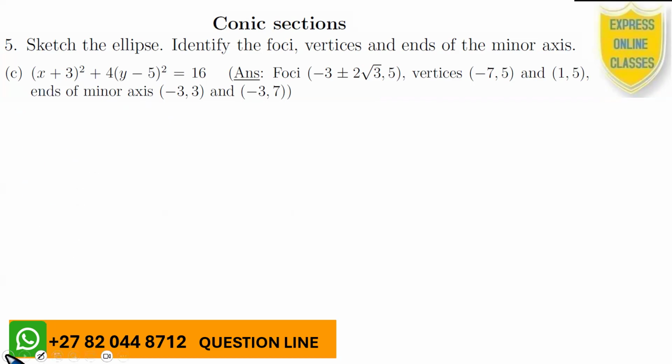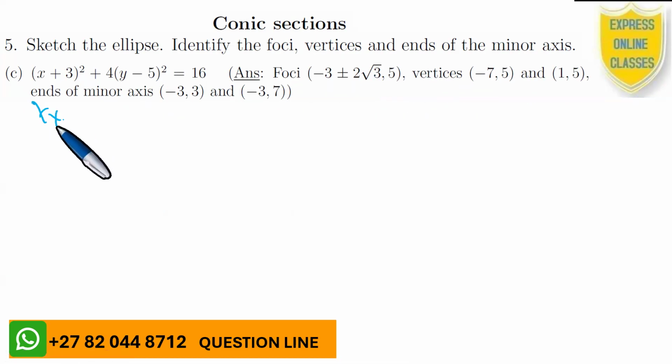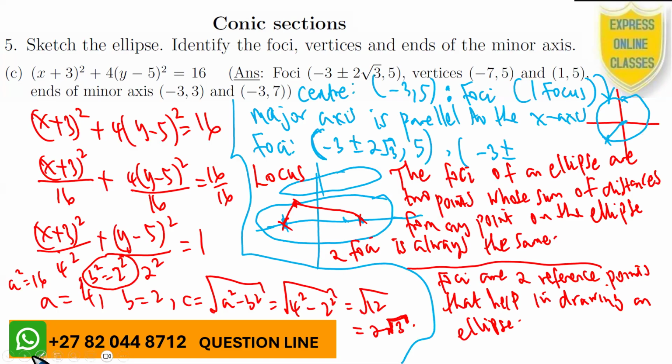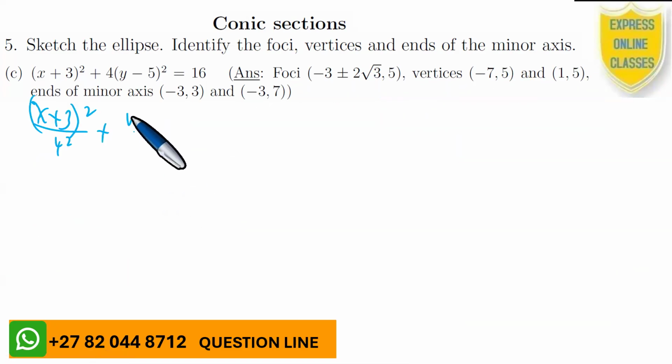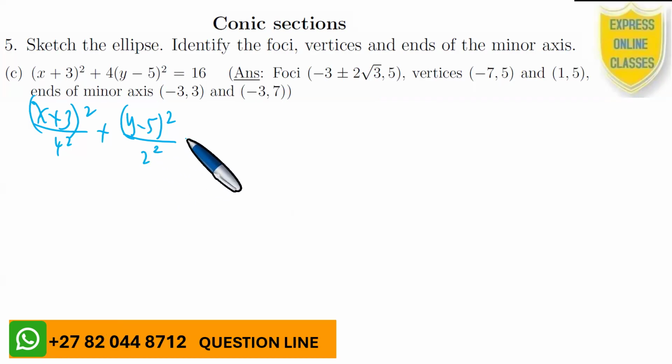So this one, x plus 3 over 4 squared, plus y minus 5 divided by 2 squared equals 1.